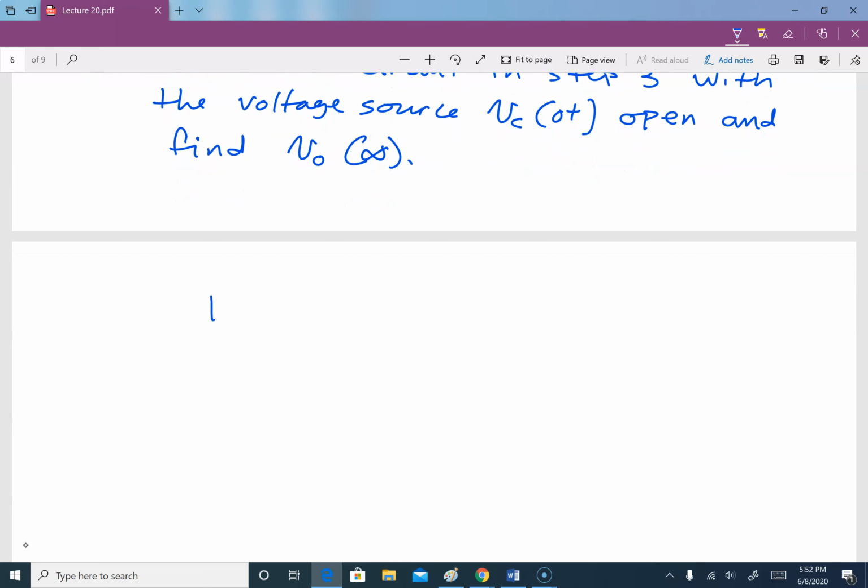So now this is our circuit, and this is open, plus minus, this is V naught of infinity.